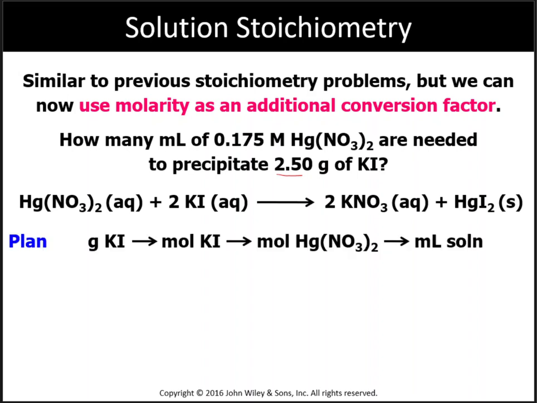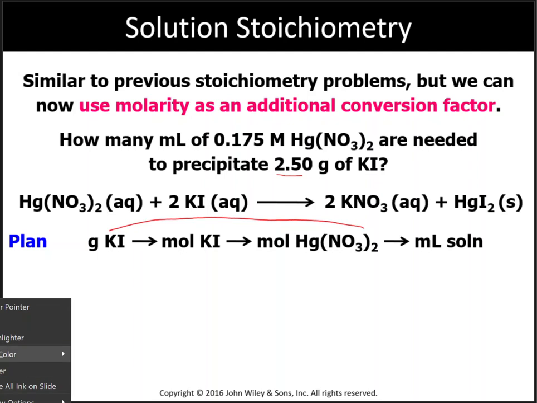So from the mass of potassium iodide, we're going to find moles of potassium iodide, do a mole to mole ratio, and see how many moles of mercury 2 nitrate is needed for 2.50 grams of potassium iodide. And once we have the moles of mercury 2 nitrate, we're going to find the volume of the solution. Up to here, finding the moles of mercury 2 nitrate, we've done this before. Nothing new.